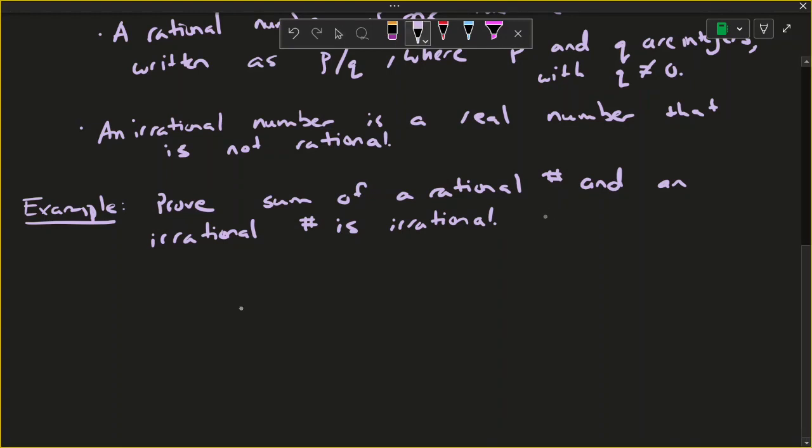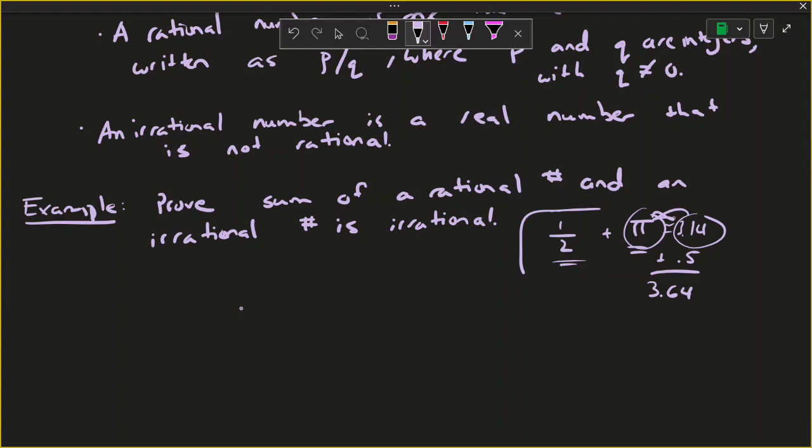And just as a side note, as always, we should try to do a reality check. So I'll think of a rational number. Let's say that's 1/2, and then I take pi, an irrational number. There's really no way to combine this with just pure math expressions. What most people would do is say, okay, well, this is 3.14, and then I could add 0.5 to it, which would be 3.64, but 3.14 is not pi exactly.